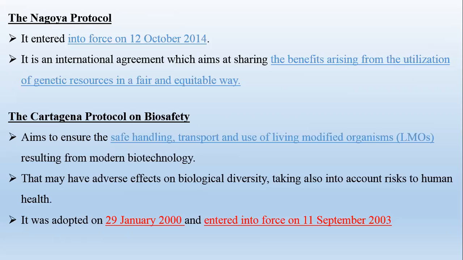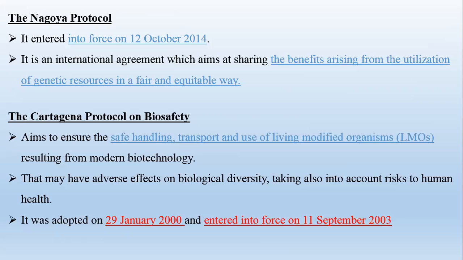Then the Cartagena Protocol on Biosafety aims to ensure the safe handling, transport, and use of living modified organisms. Living modified organisms are produced by way of biotechnology, that is genetic engineering. So all these organisms should be handled safely, and transport is one aspect of the Cartagena Protocol on Biosafety.